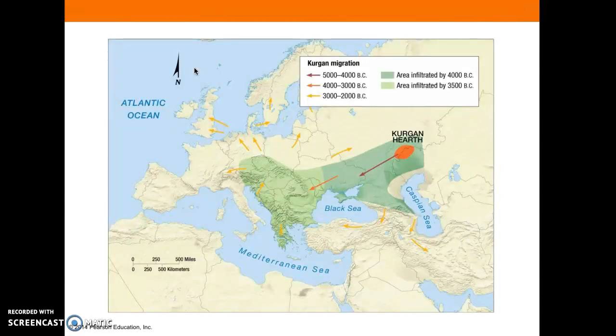So the first one we'll talk about is the Kurgan migration. And the Kurgan migration is the idea that you had a group of migrants from the Indian subcontinent, and they made their way into Central Asia and then migrated across the Eurasian steppe into Central and Western Europe. And they took their language with them.